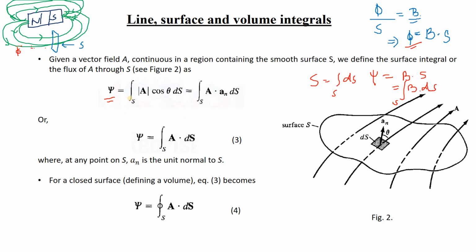In this case you are writing B as A, so A dot ds is A cos theta ds.